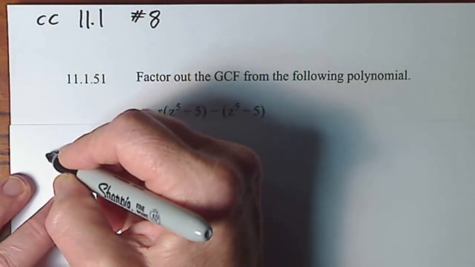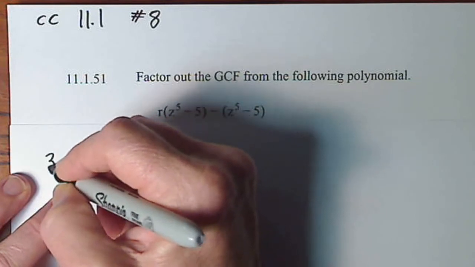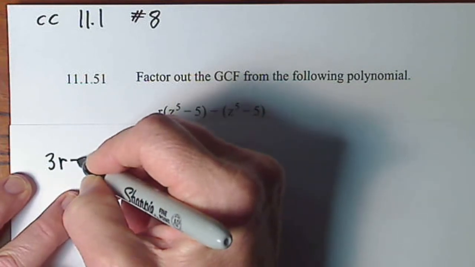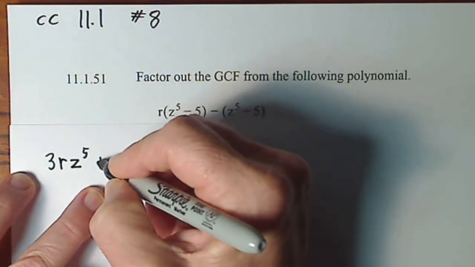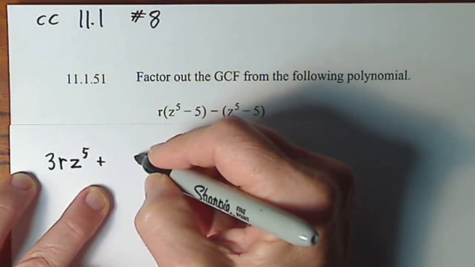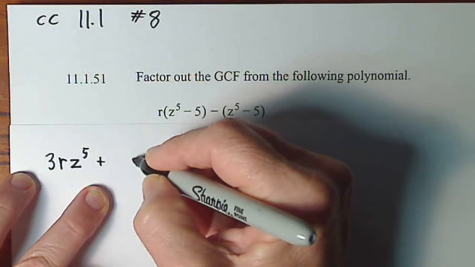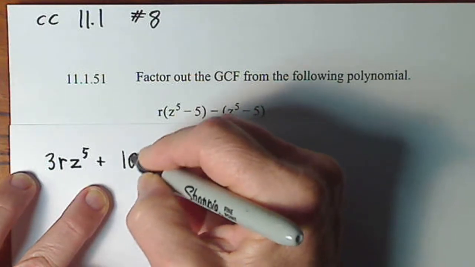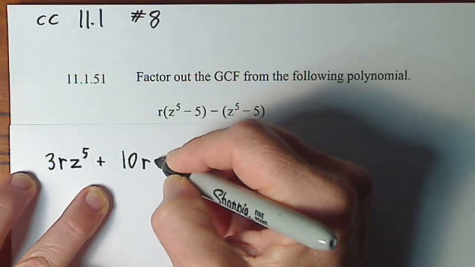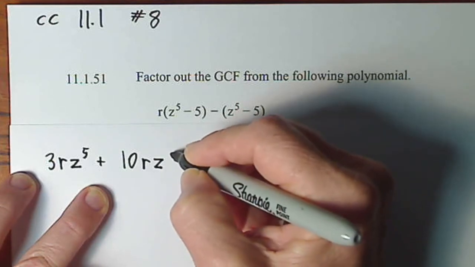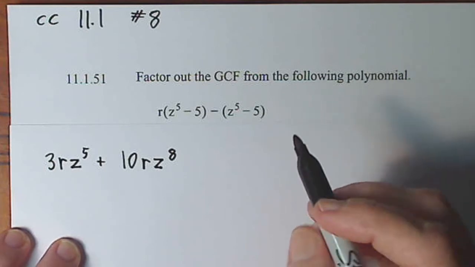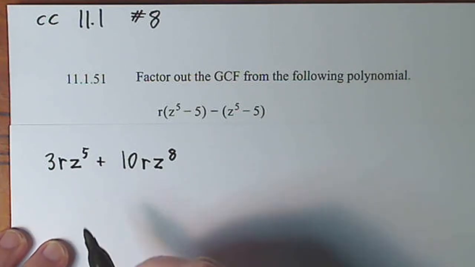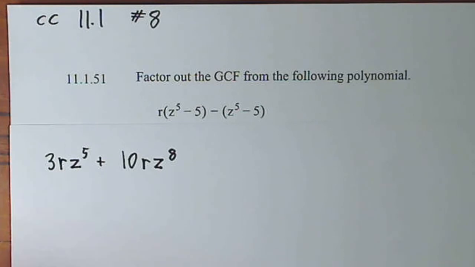If you had, let's say, 3rz to the 5th plus 10rz to the 8th, you could factor out an rz to the 5th from each term.